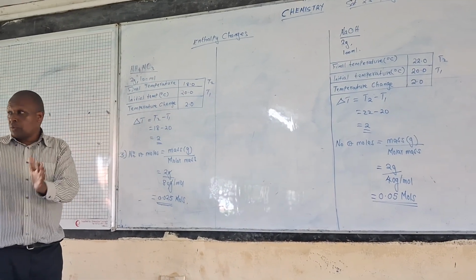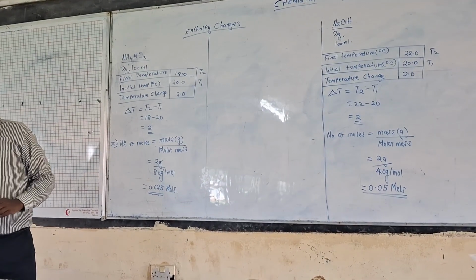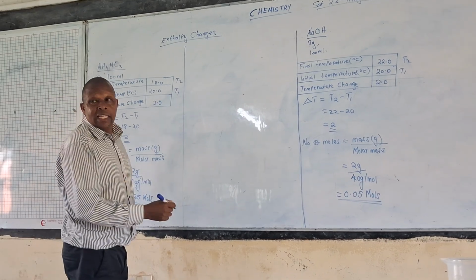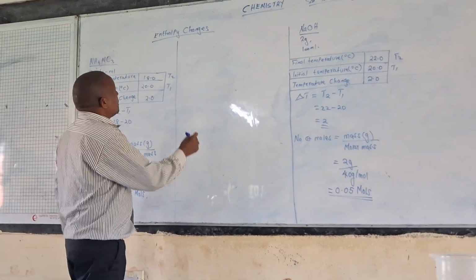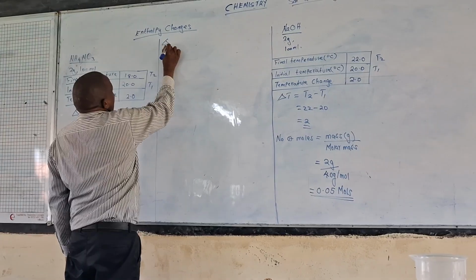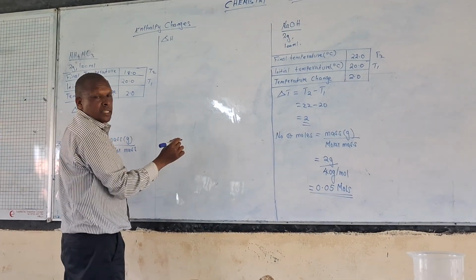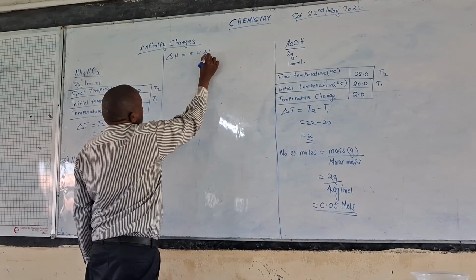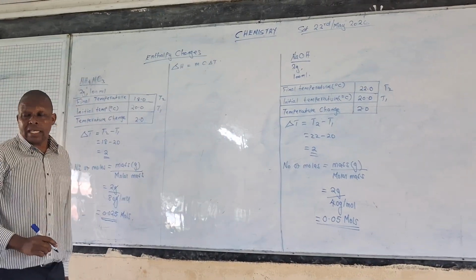Whenever you are doing the questions, do them in pairs. Are we together? So here we want to calculate the enthalpy change. Enthalpy change is delta H, which is equal to MC delta T. Are we together?